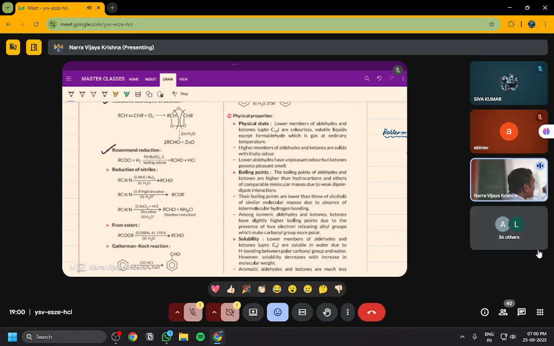An equivalent reagent to Lindlar's catalyst is palladium, barium sulfate with quinoline. So quinoline is also present in the above case. Palladium, calcium carbonate, and lead acetate, we call that Lindlar catalyst. Instead of that, we can also use palladium, barium sulfate, and quinoline.